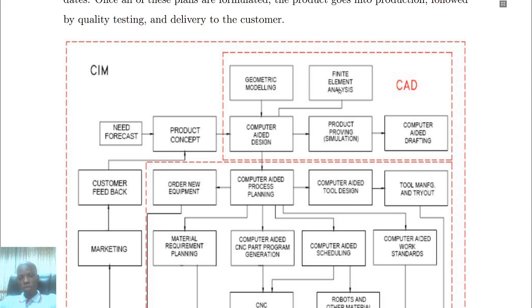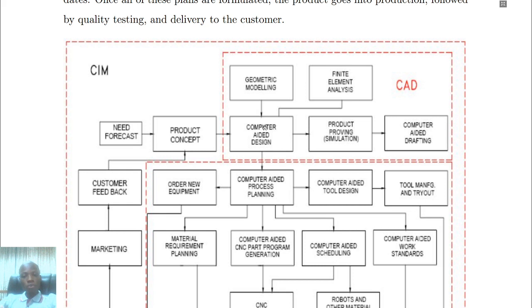Right, and then we also have what we call finite element analysis, which can also be done with computer aided design. In that case, you may want to find out the strength of the part that you have produced or the product that you are producing. You may want to find out the stresses, and then maybe do some fatigue analysis on it to determine whether it will be able to perform as required.